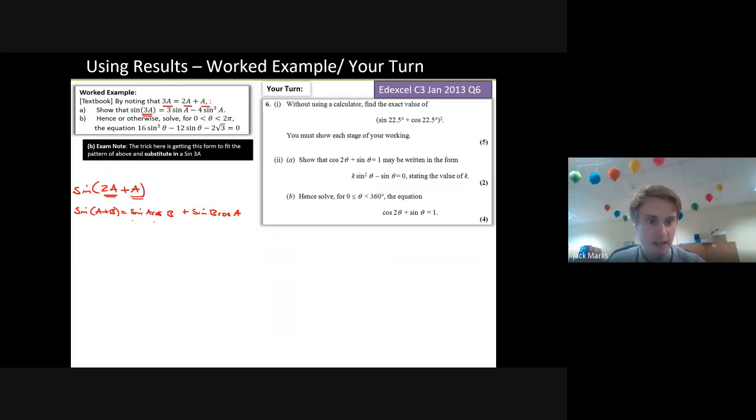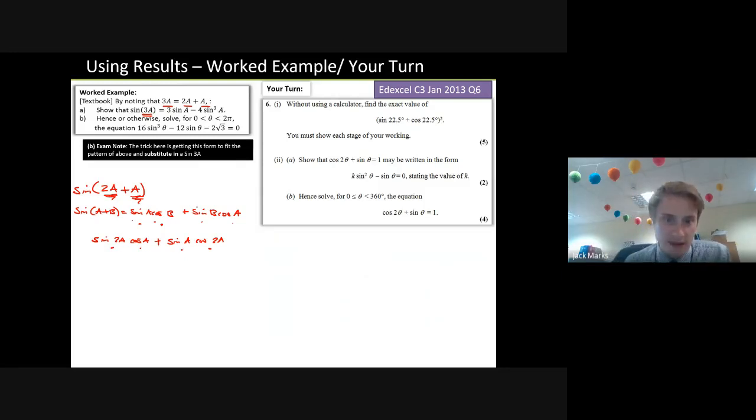So if I did this, I would get sine of 2a cos of a, that's those two done, plus sine of b, so that's sine of the first part. Okay, and then cos, that's sine of the second part, and then cos of the first part. So one way you can test if you've done this properly is you should have sort of like 4 different pieces, which I have.